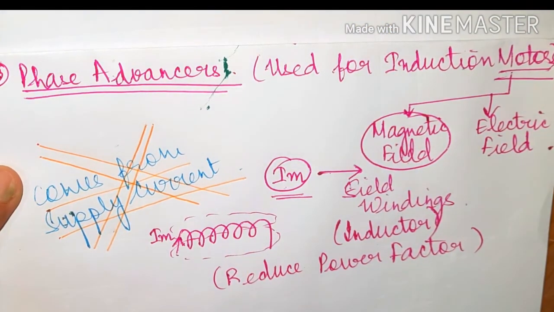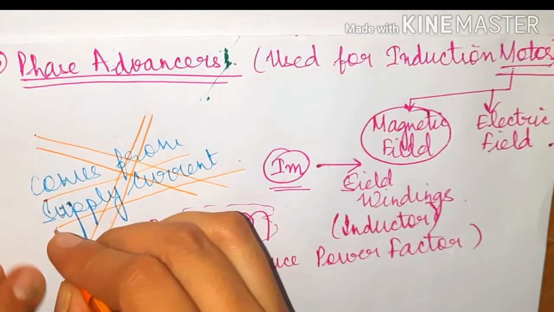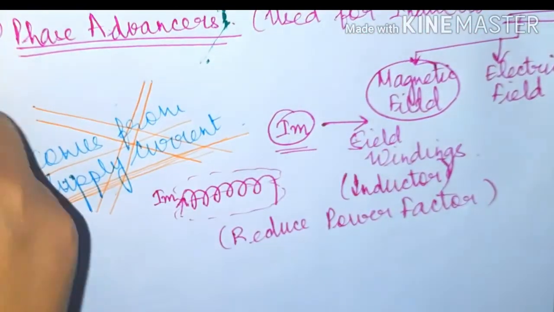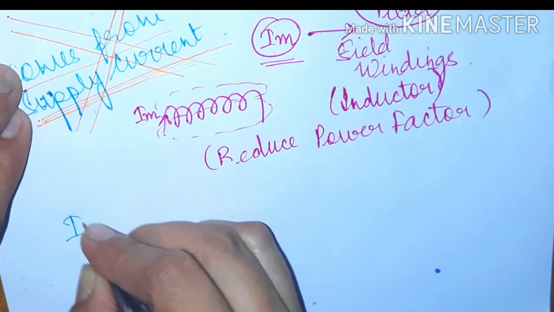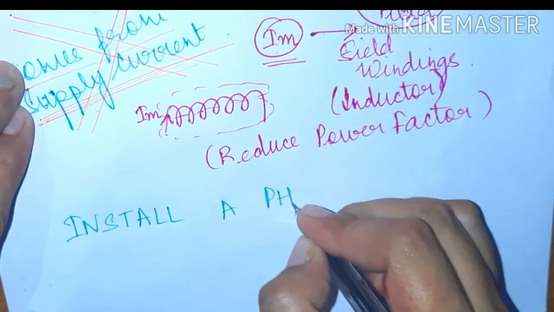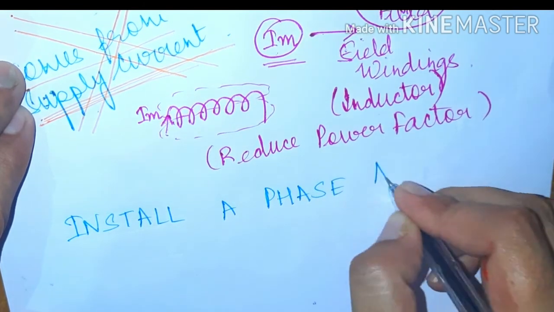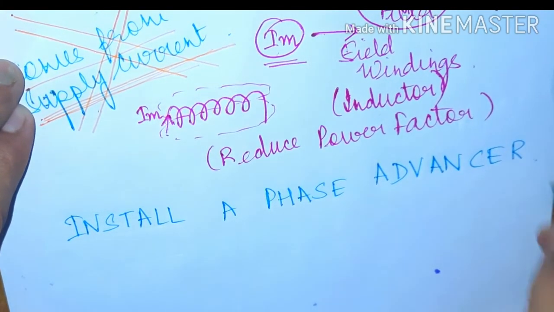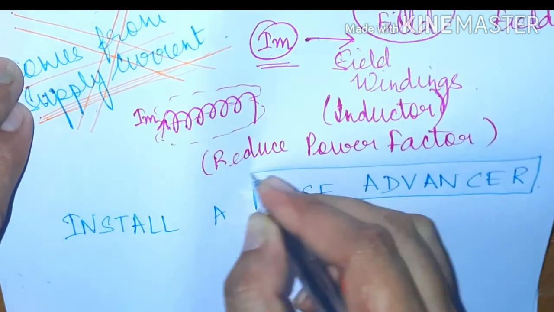So what can be done? You can only do one thing: rather than taking it from the supply current, you install a phase advancer. There is one equipment known as a phase advancer.